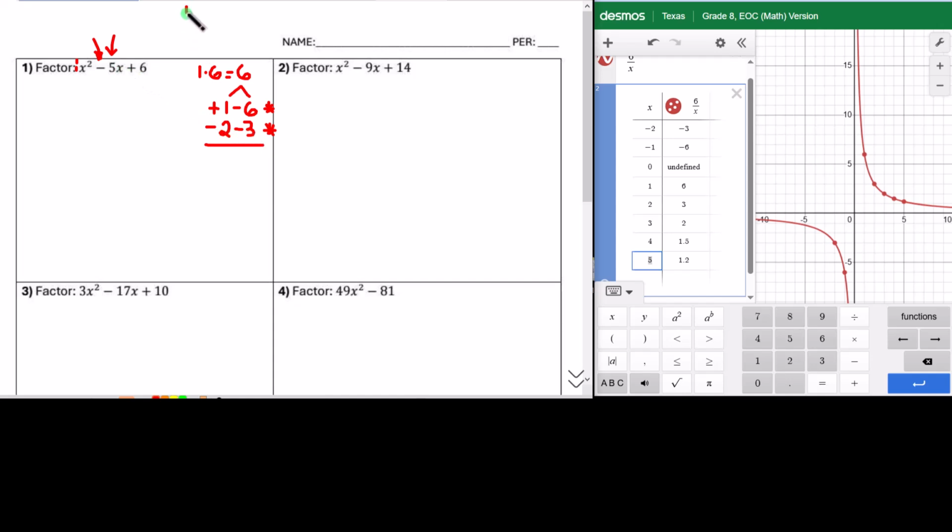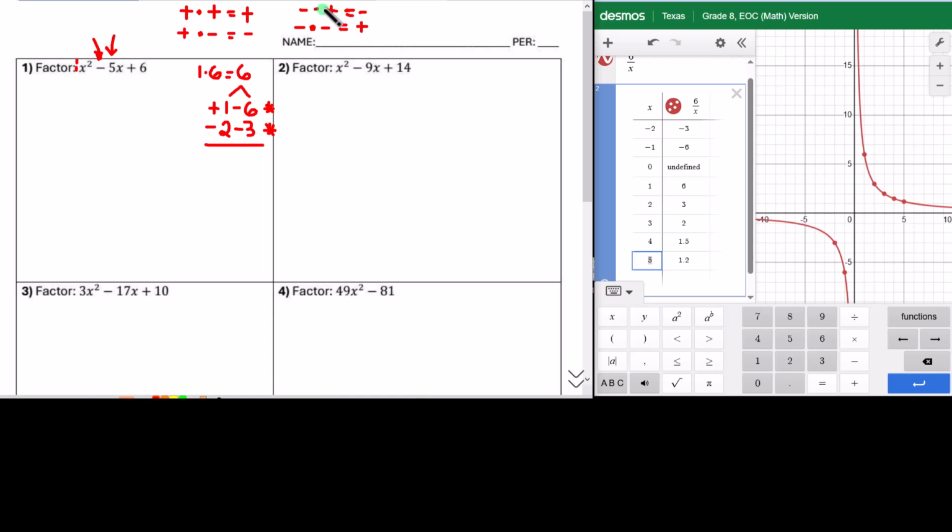Then you have to remember the rules of multiplication: a positive times a positive equals a positive, a positive times a negative equals a negative, a negative times a positive equals a negative, and a negative times a negative equals a positive.